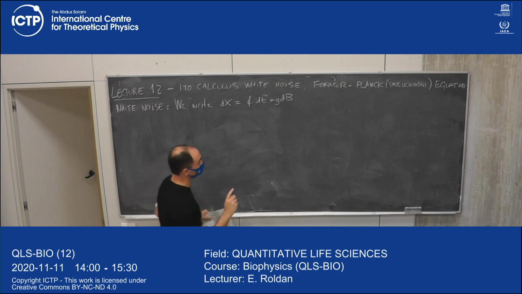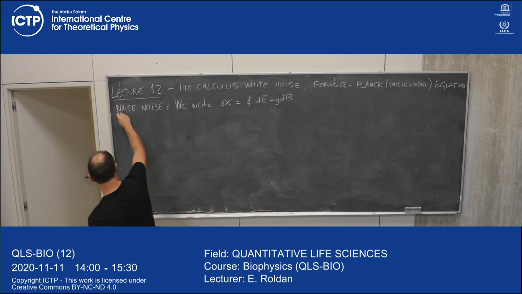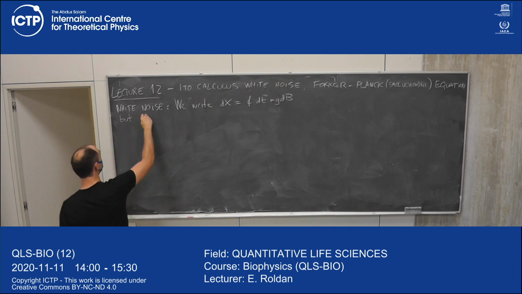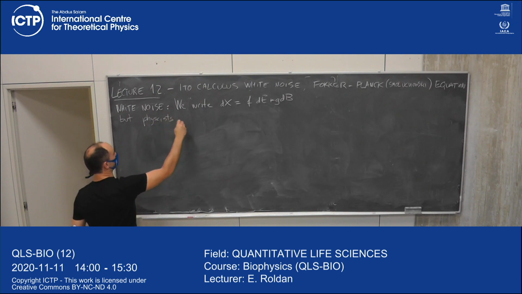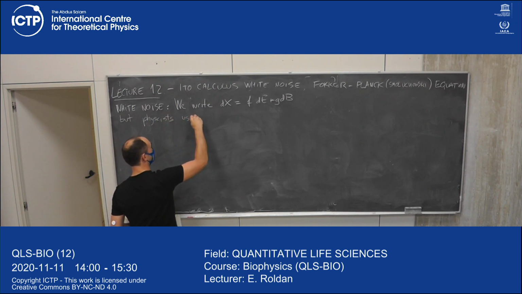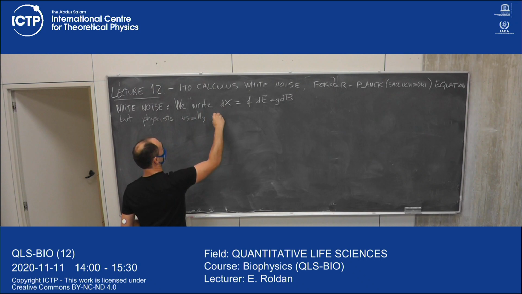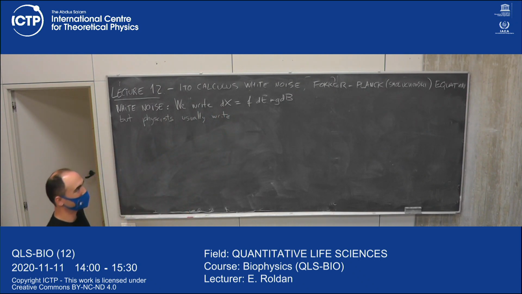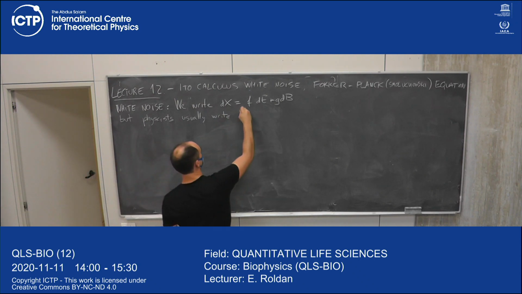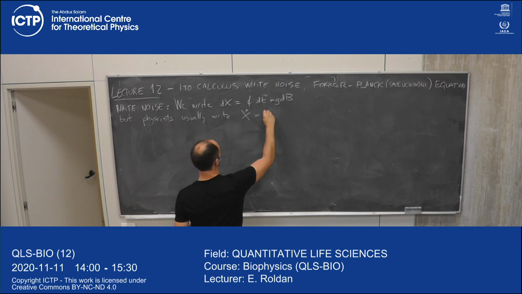But physicists usually don't write this equation in this way; they write it like this: x dot, so they divide by dt.